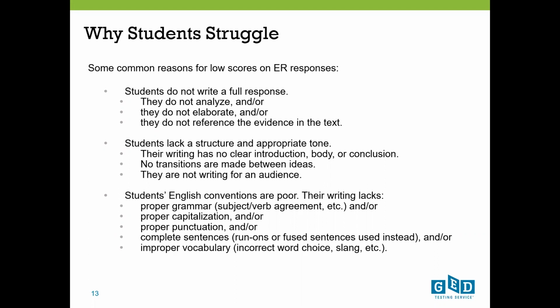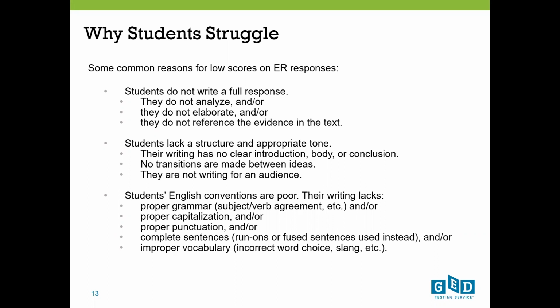Also, another problem is that the actual English conventions are poor. And this might mean that their writing lacks proper grammar, such as subject-verb agreement, or they might really struggle with capitalization and punctuation, use of commas, use of apostrophes. Maybe their writing lacks complete sentences and they're just using a lot of run-on or fused sentences, or sometimes they're even using improper vocabulary.